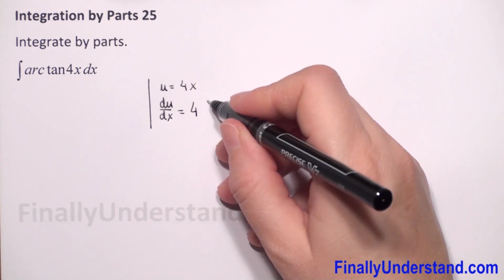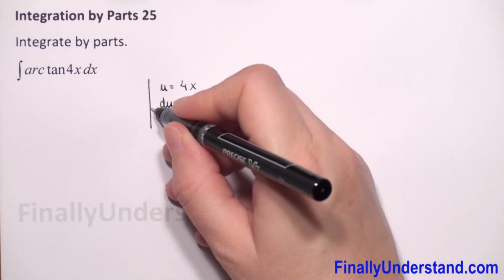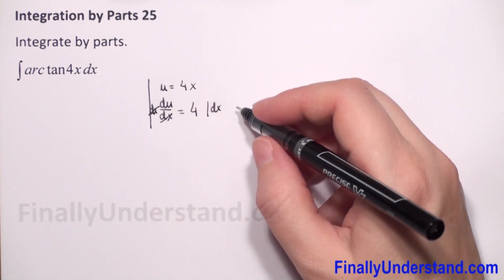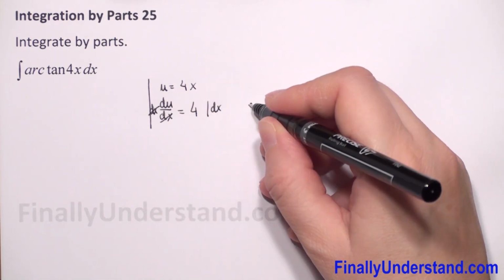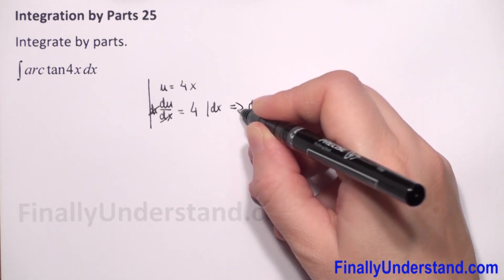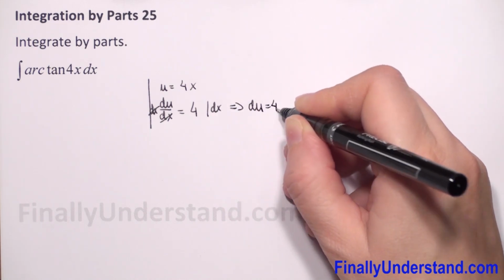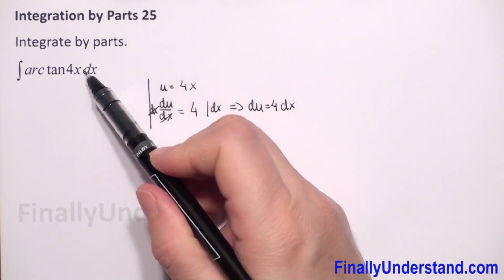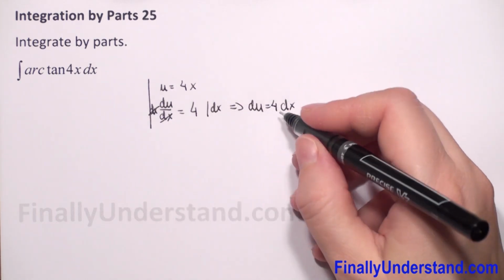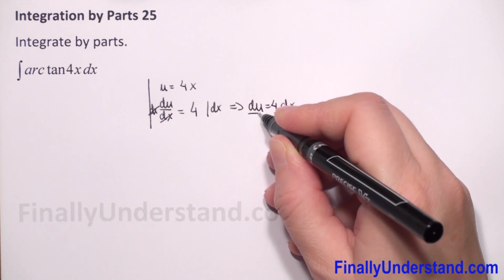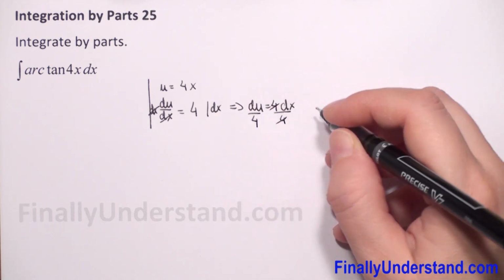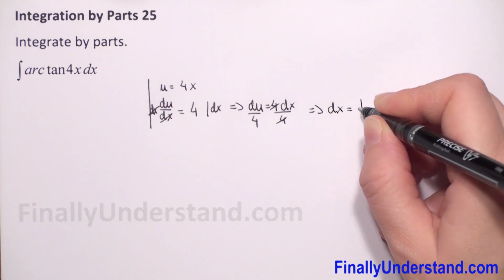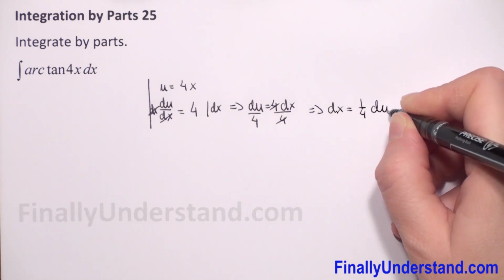Now we multiply both sides by dx because we need to find du. dx and dx we can reduce, and we have that du is equal to 4 dx. Because we have in our example only dx, now I will divide both sides by 4. So 4 and 4 we can reduce, and we have that dx is equal to 1 over 4 du.